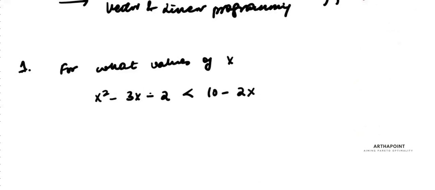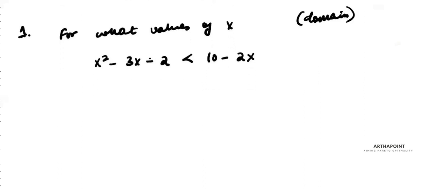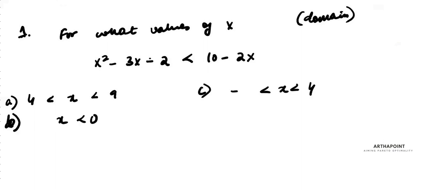So ideally the question is asking you to find the domain in a way. Find the domain of x, and the options given to you are: x between 4 to 9; then the second option is x less than 0; the third option is x between minus 3 to 4; and the fourth option is none of the above.